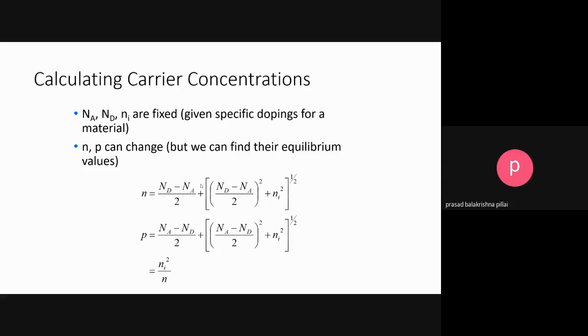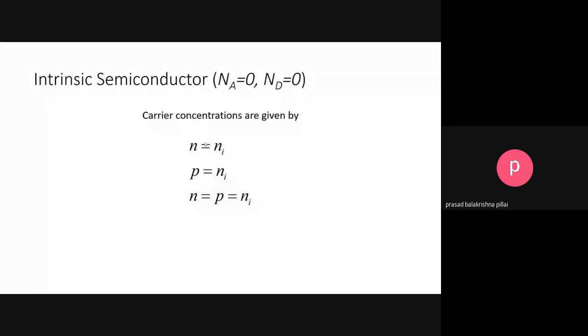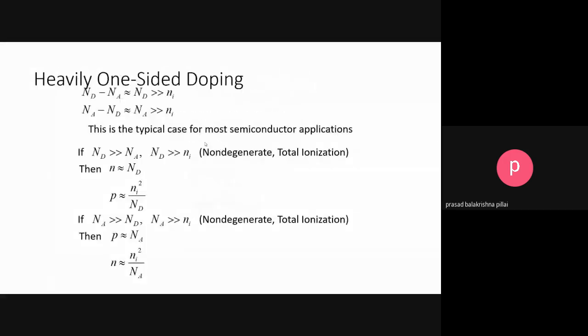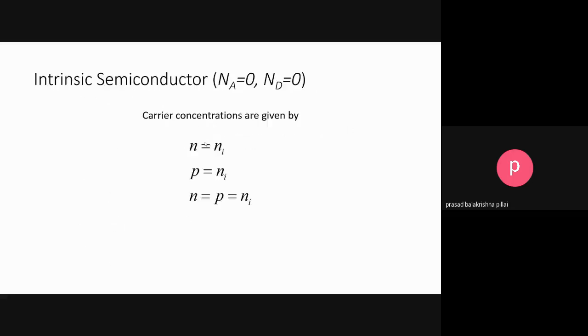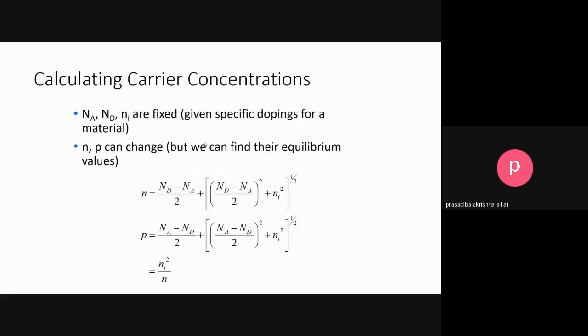Yeah, remember, normally we don't deal with this equation, because we will be assuming certain things, so that is what we are discussing here. Normally, if you consider this in the n type, Nd value will be much greater than Na.